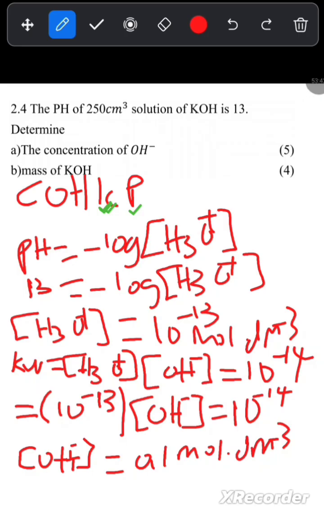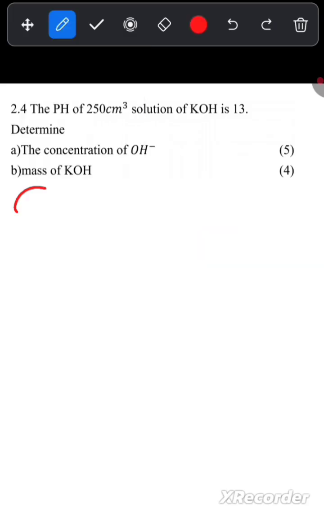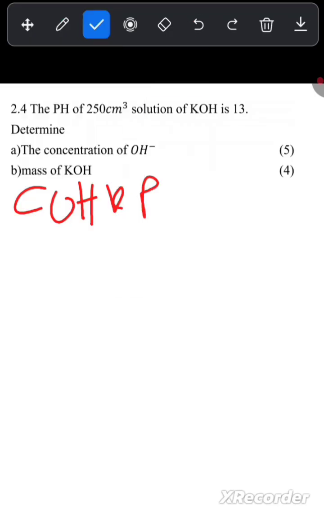So we get an answer of 0.1 mole per cubic decimeter of hydroxide ions. Then it says calculate the mass. Now, when we check, we have already used the information we were given.